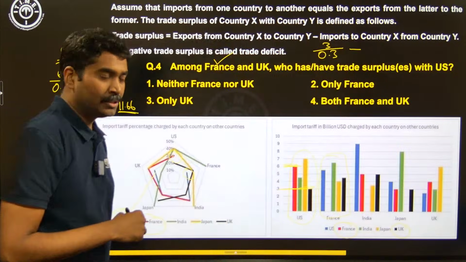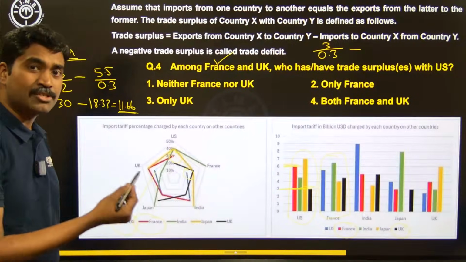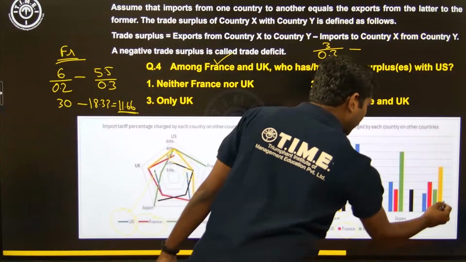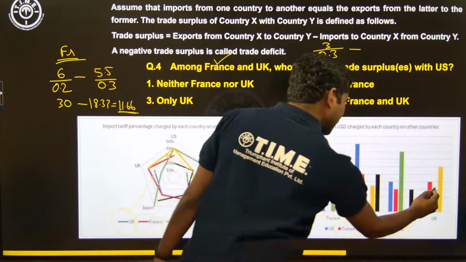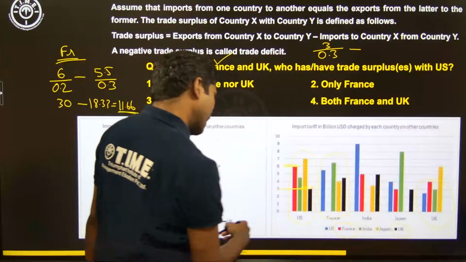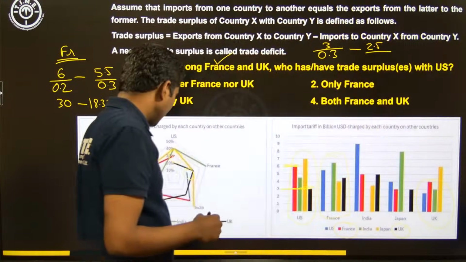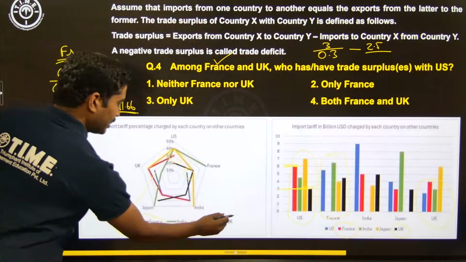Minus how much is UK importing from the US? Okay, this is UK. UK is importing from the US. Blue line. Blue line is how much? 2.5. Minus 2.5 by how much is UK levying against the US?